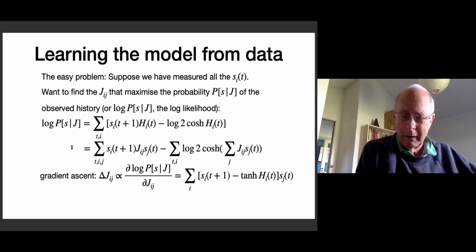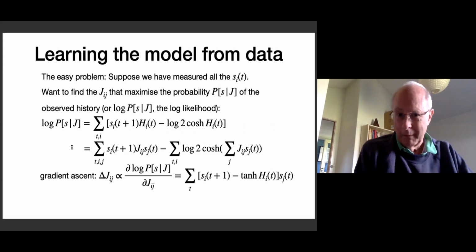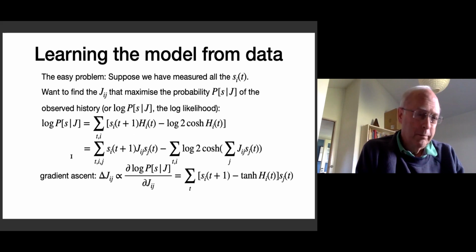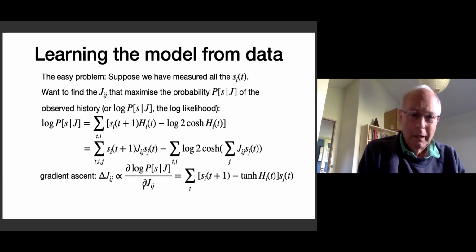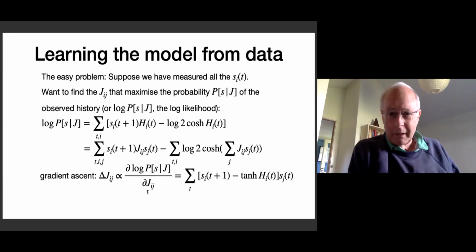You remember we talked about the energy in statistical mechanics being minus the log of P. So minimizing the energy is the same as maximizing the log likelihood. Okay, and so, still talking about maximizing the log here, we want to make changes in the J's proportional to the derivative of the log likelihood with respect to the J's.